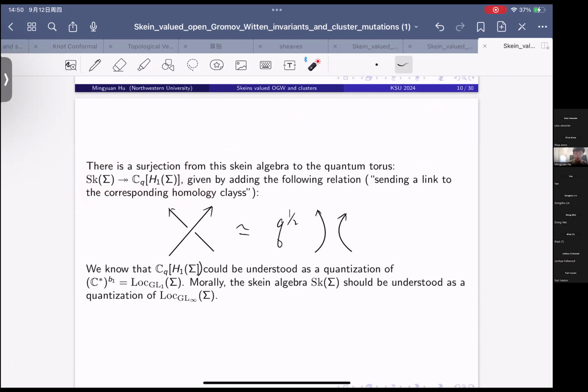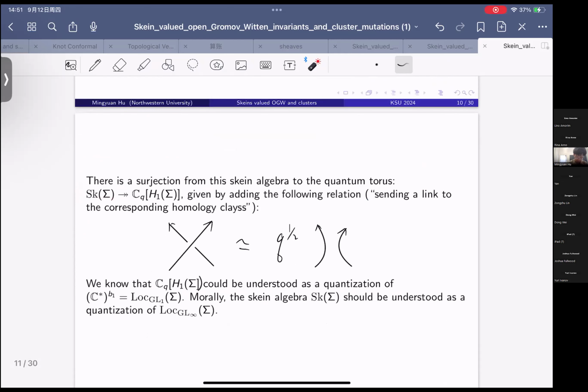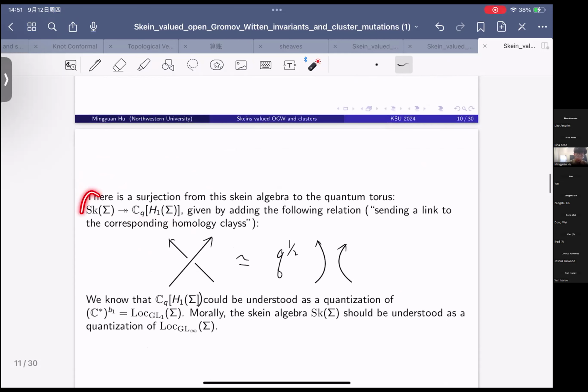The quantum torus can be viewed as a rank 1 reduction of the skein module, and this surjection is given by adding one more relation. So we already know there's a lot of interesting story about the quantum torus, but the skein algebra is huge.